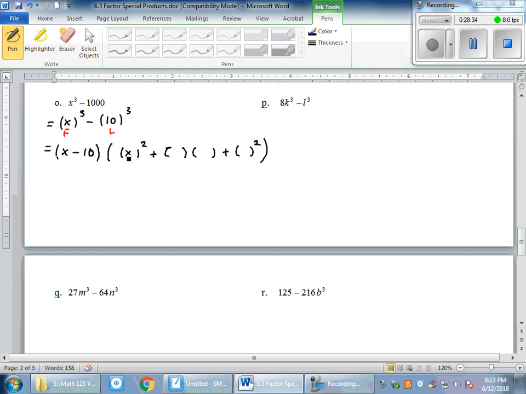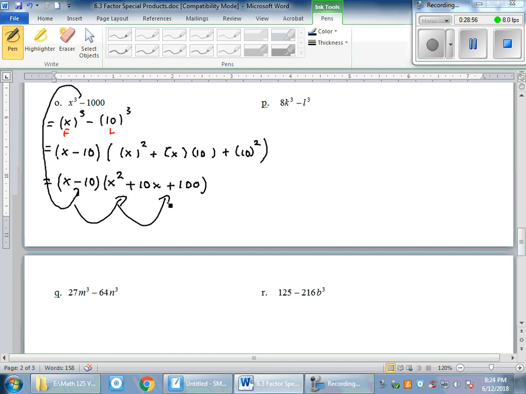Here's first, first times last, and then last square, which gives us my final answer: x minus 10 times x squared plus 10x plus 100. Remember that same sign, opposite, always positive.